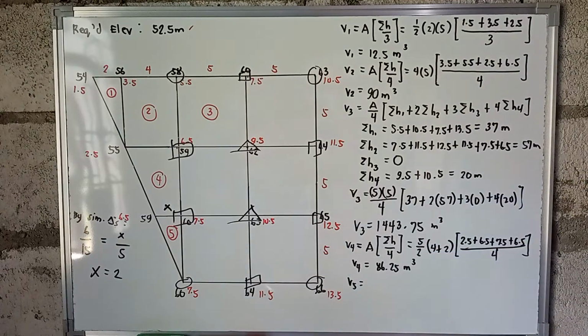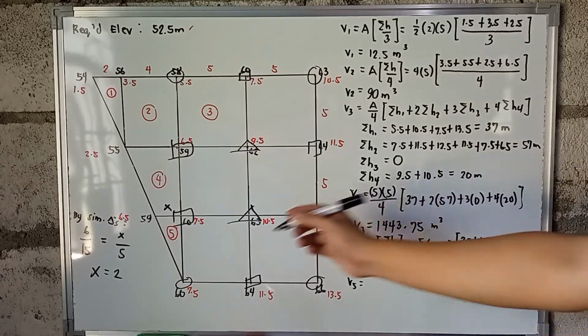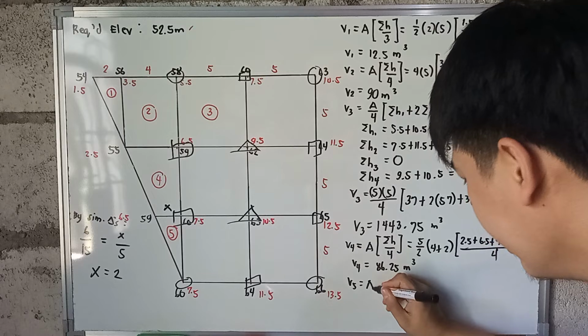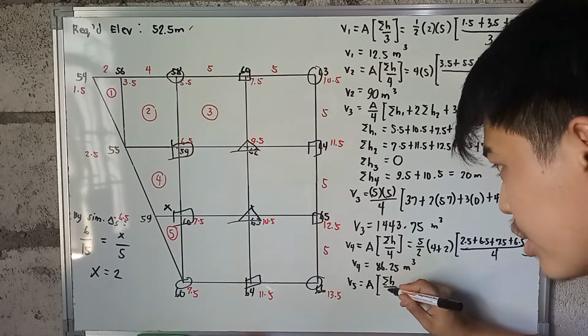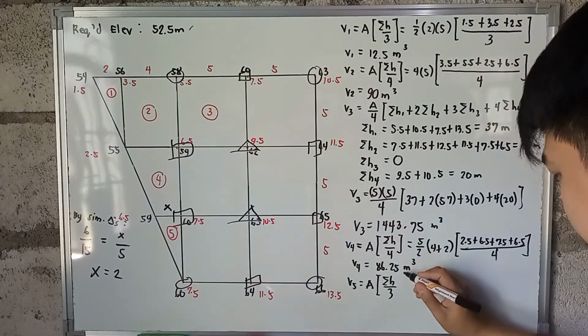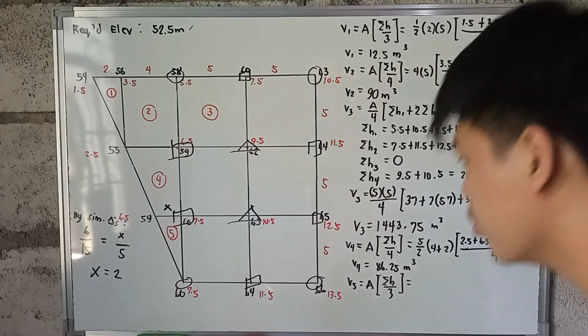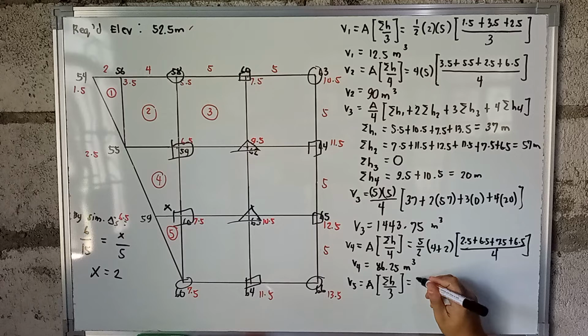So kung mapapansin ninyo, our V5 has a triangular base. So same formula, truncated prism. A multiplied by the average of the heights. So since triangular yan, kaya A is equal to 1/2. Ano yung base niya? 2. Yung height niya is 5.